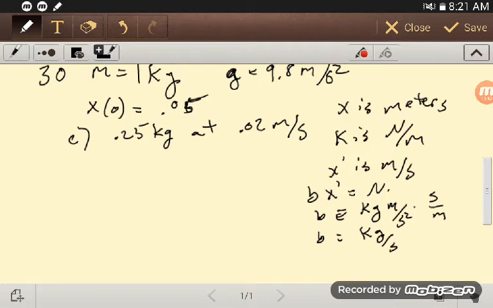So I'm a little confused on that, because I'm not sure what to do about the meters. And so if we go back, let's see.